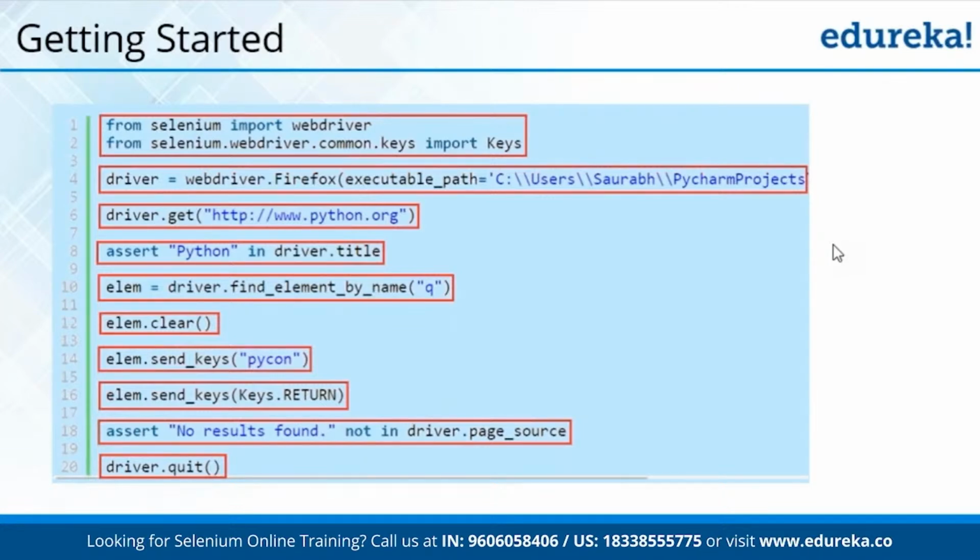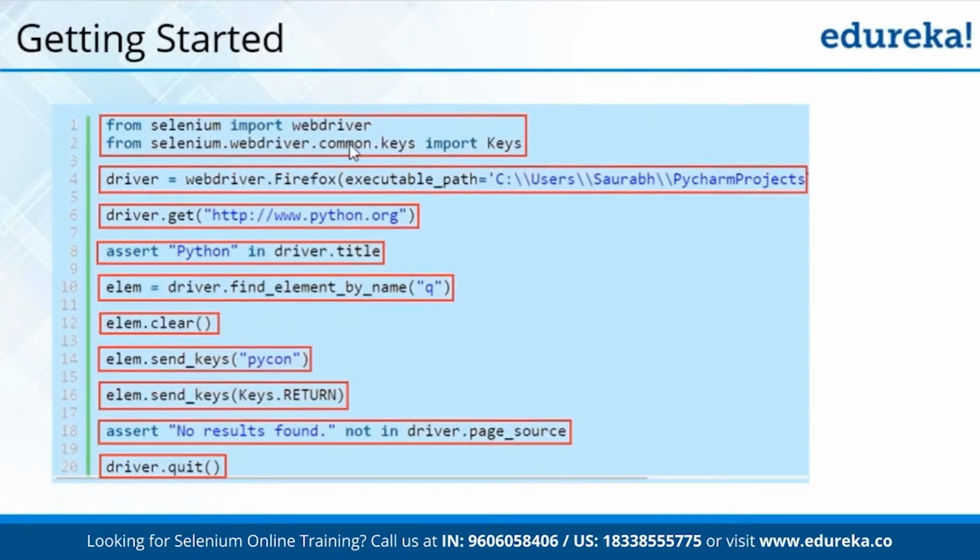If you look at this, these are the imports which help us to import the WebDriver and the keys that we have from the API. This gives you access to your classes, to your actions, to all the classes that are prepared and added into your API.